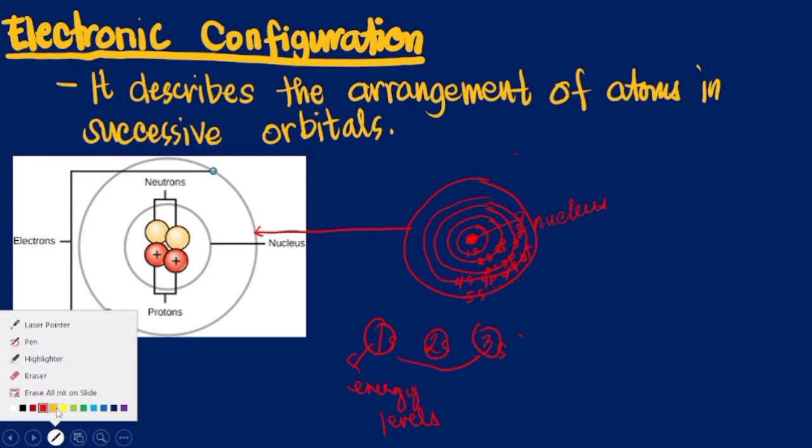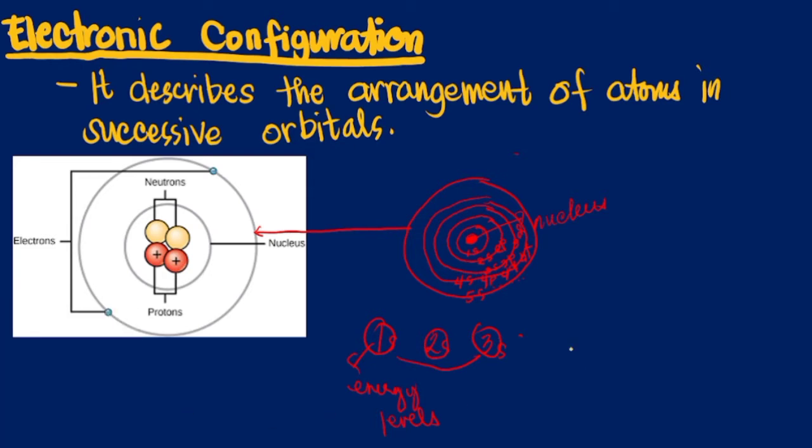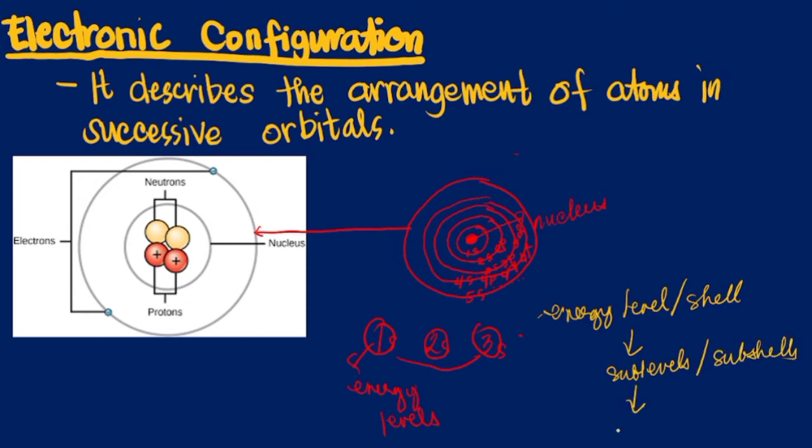Within the energy level, or what we call the shell, we have the sublevels or subshells. And within the subshells, we have what we call orbitals.